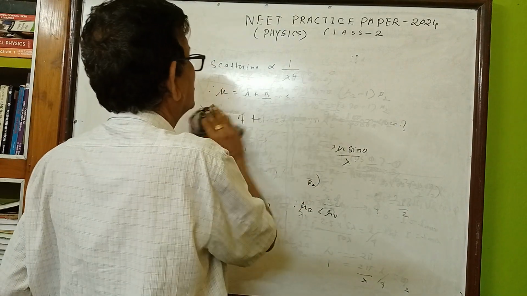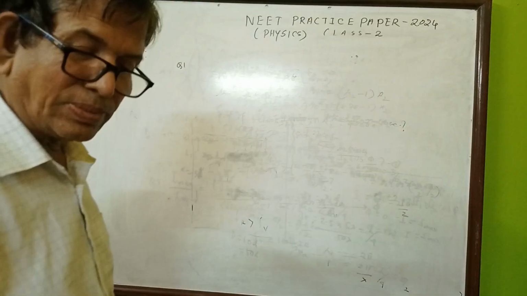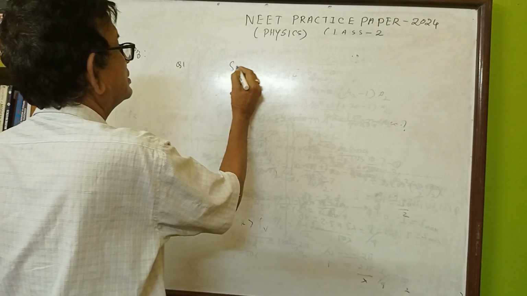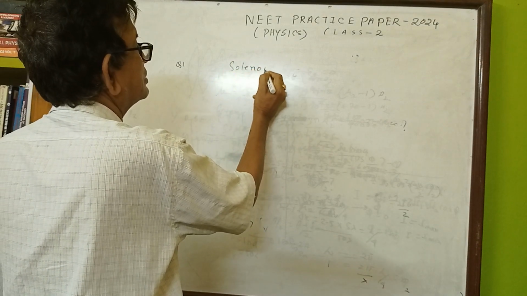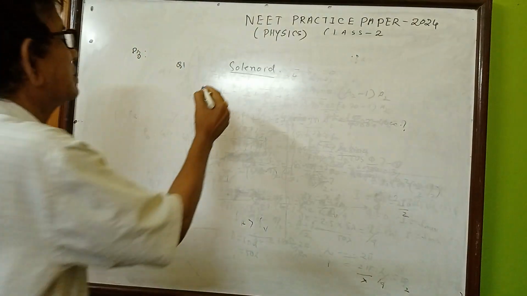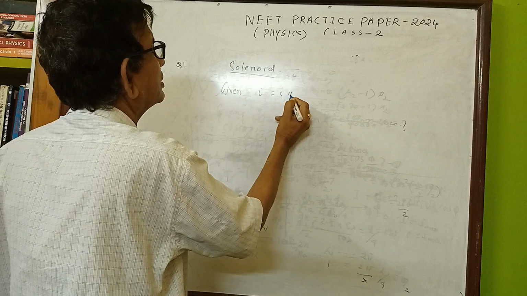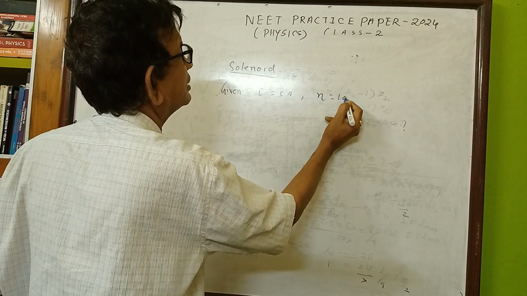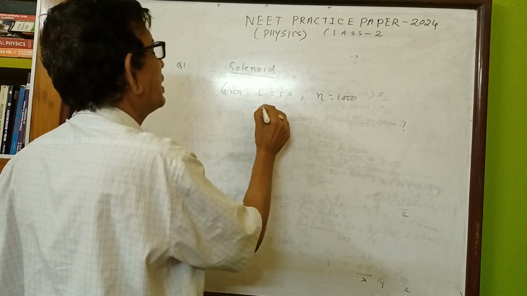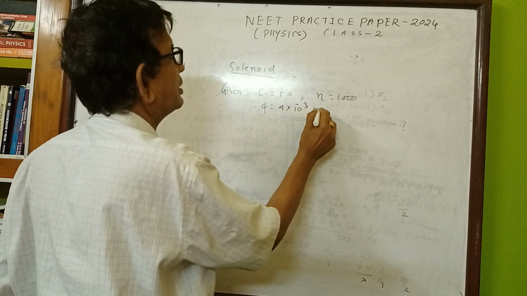Now I am doing electrical problems one by one. You see, the first problem I am doing is a solenoid. That is a solenoid. You know what is given. Data given is I equal to 5 ampere, turns 1000, and phi equal to 4 into 10 to the power minus 3 Weber.